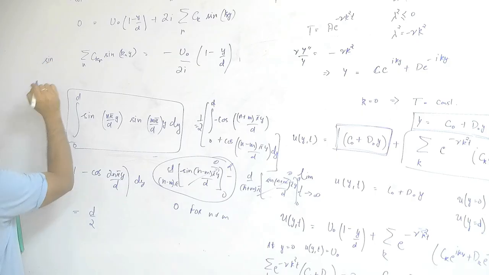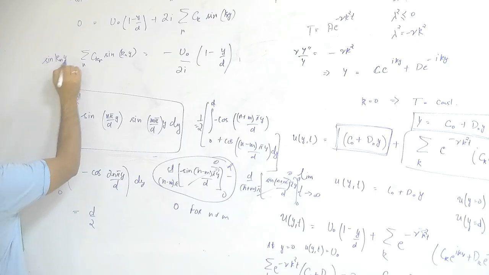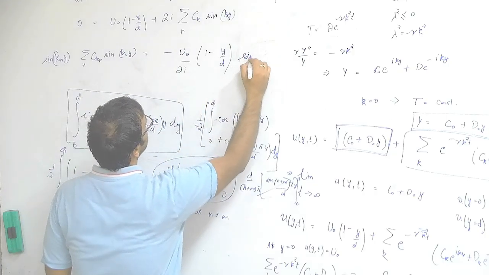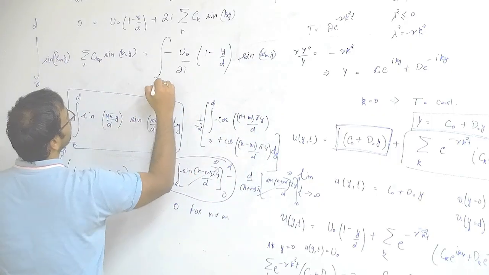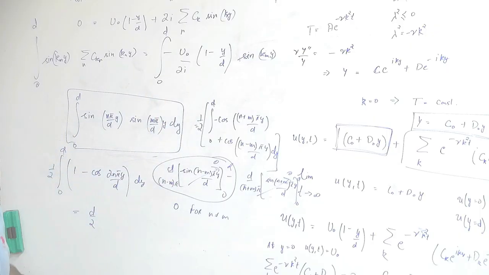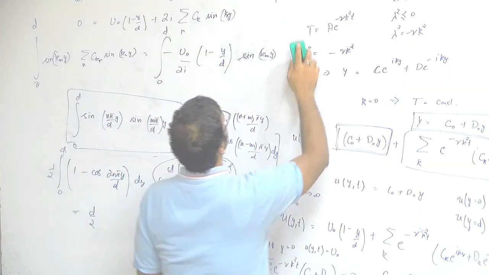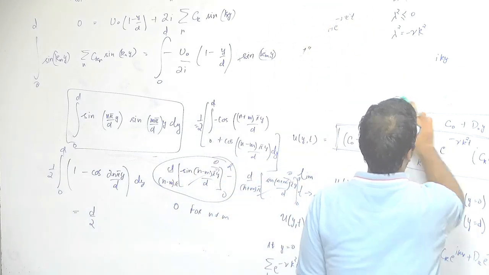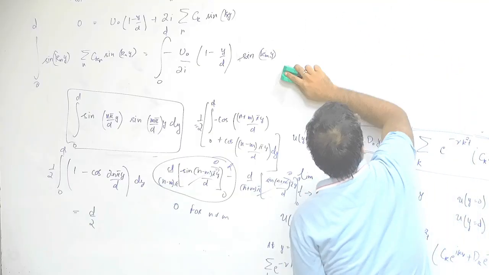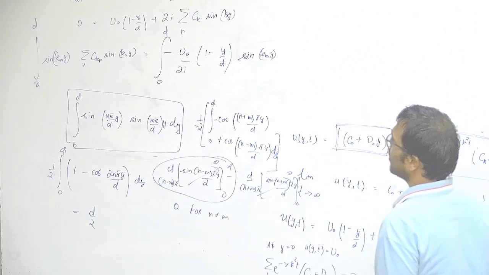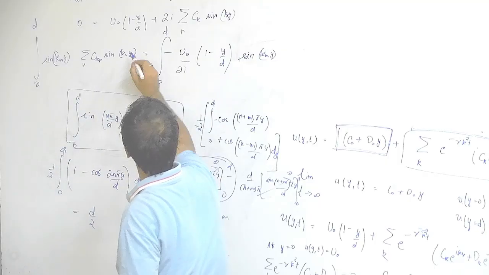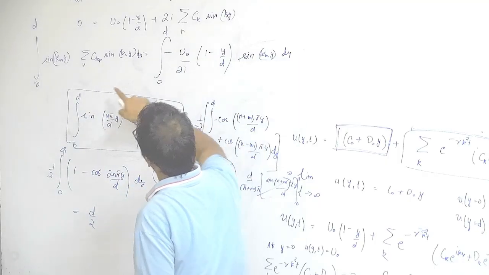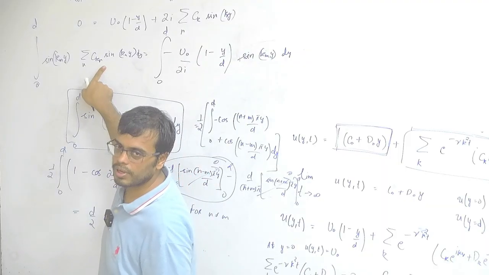So what we do is, just like we evaluate the coefficients in a Fourier series, we multiply on both sides by sine km y and we integrate from 0 to d. When you integrate this from 0 to d, on the left hand side just one term survives.